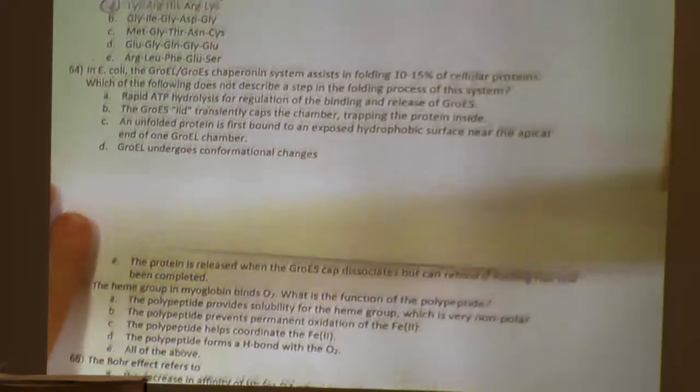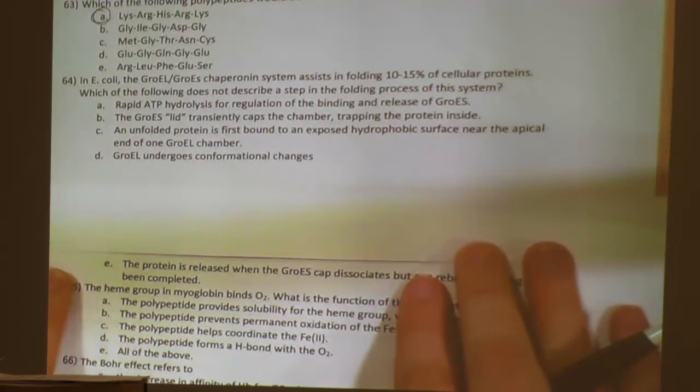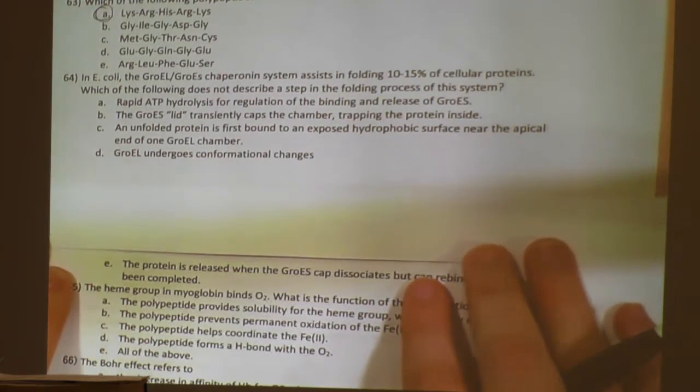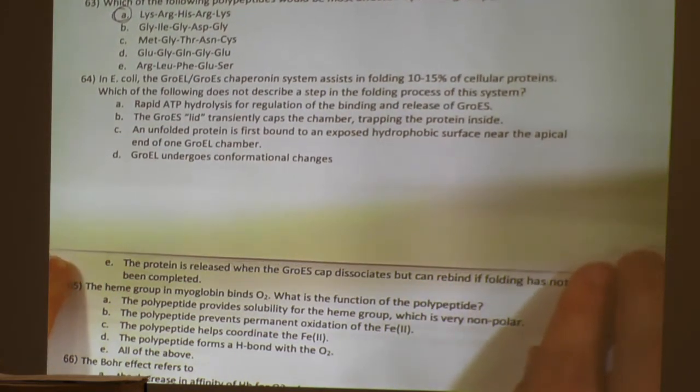Let's see if I can fit this all in one. Okay. In E. coli, the GroEL and GroES chaperonin system assists in folding 10 to 15% of cellular proteins. Which of the following does not describe a step in the folding process of this system?